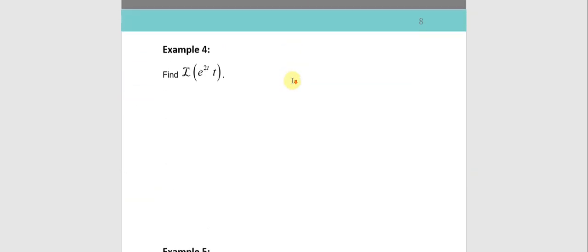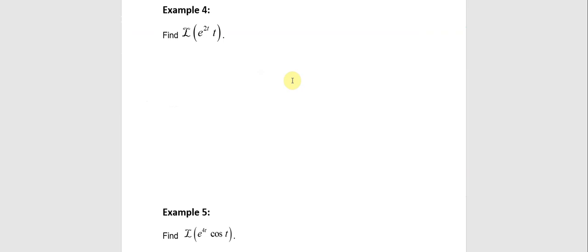Okay, so let's try example 4. Find the Laplace of t e to the power of 2t. In this question, it is mapped to the Laplace of e^(at) f(t), which is equal to F(s minus a).